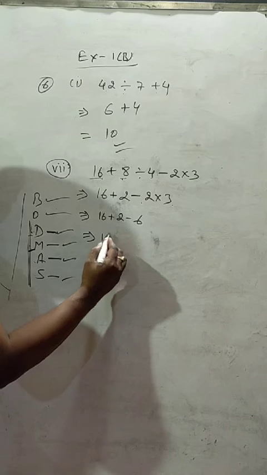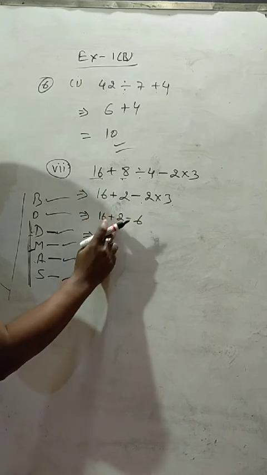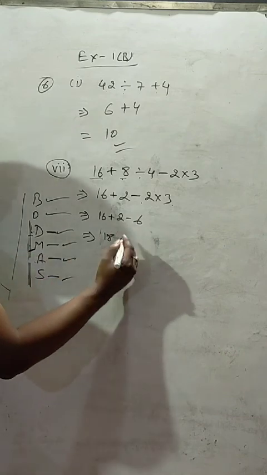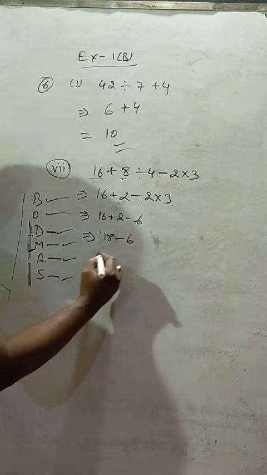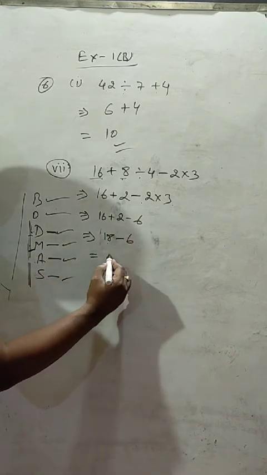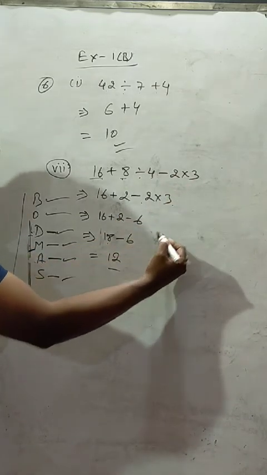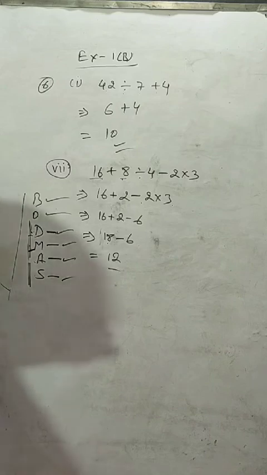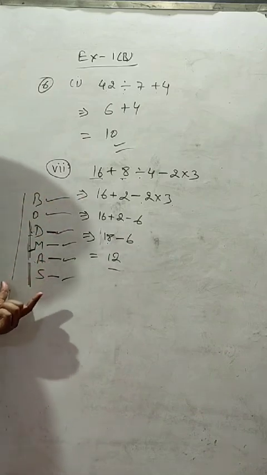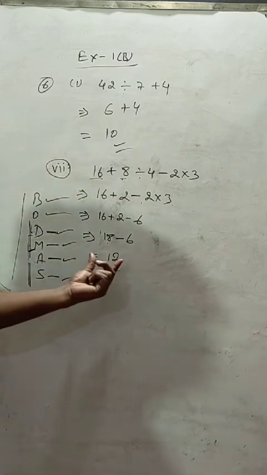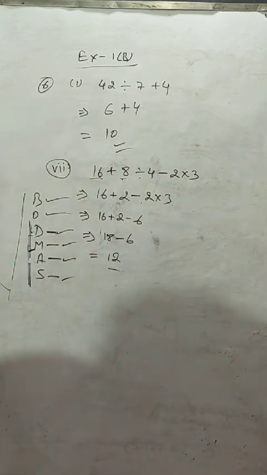So 16 plus 2 is 18, because after that we perform addition. 18 minus 6 is equal to 12. So this way we solve step by step. We calculate each sign according to the rule of BODMAS, step by step, and we find the final answer.